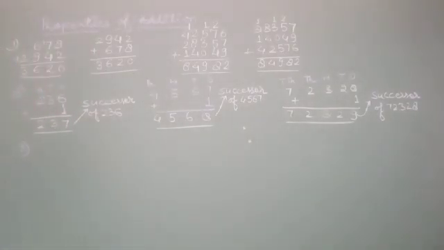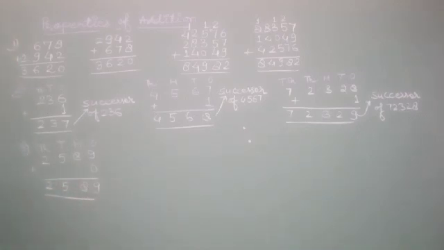Let's see an example here. That is thousands, hundreds, tens and ones. The number is 2589 plus 0. 2589 plus 0: 9 plus 0 is 9, 8 plus 0 is 8, 5 and 2.